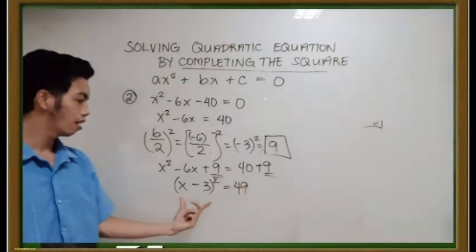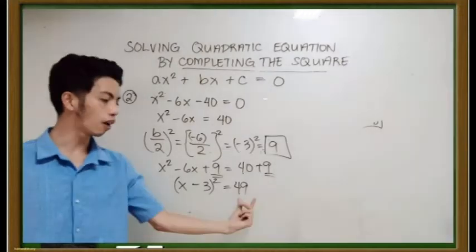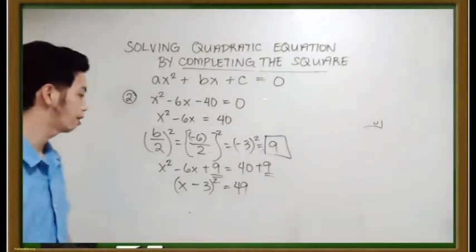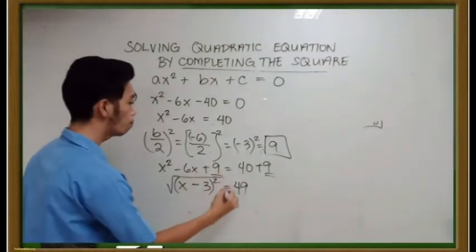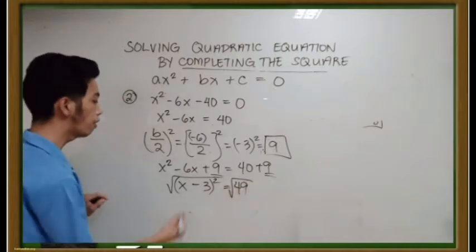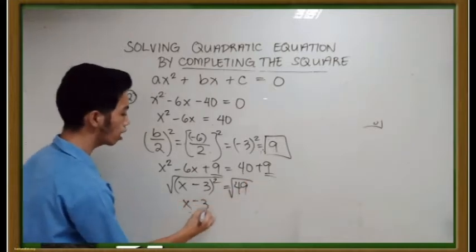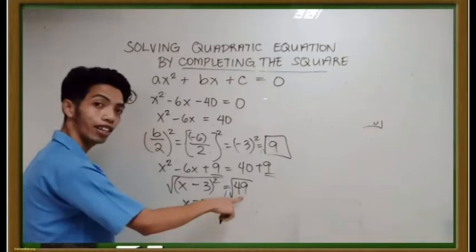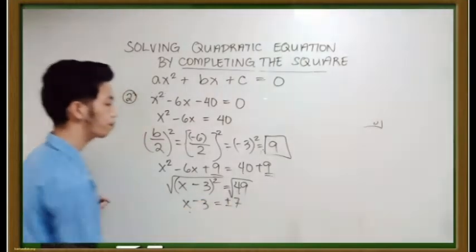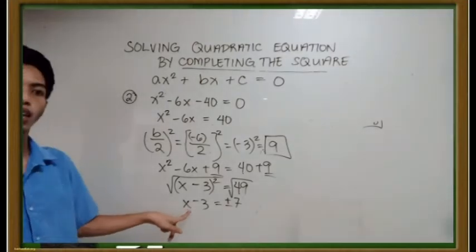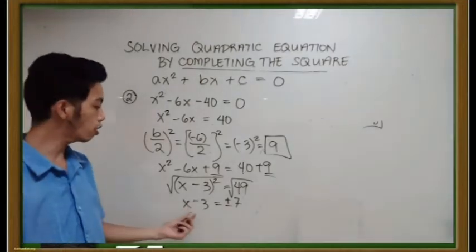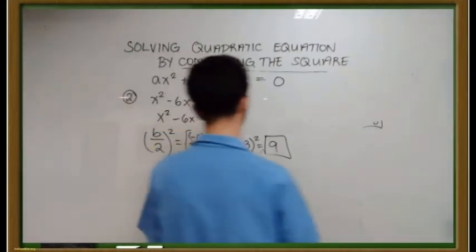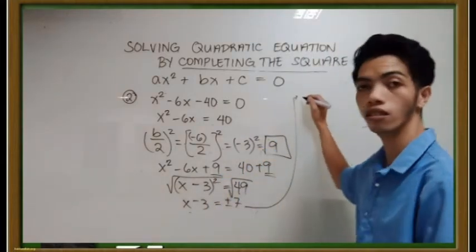So, now, perfect square ang left, perfect square ang right side. So, the square root of both sides will give us x minus 3 equals positive or negative square root of 49, which is 7. Okay, now, to find the values of x, we have two values.